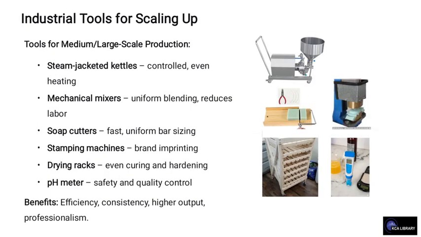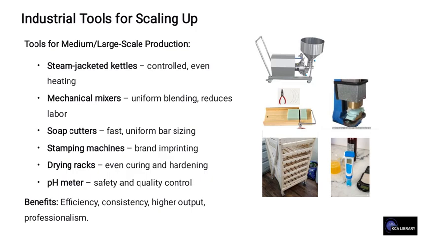Industrial tools for scaling up. Tools for medium and large scale production include the steam jacket kettle. This is controlled and it is used for even heating. Then the mechanical mixer is used for uniform blending and to reduce labor. We also have soap cutters for fast and uniform bar sizing.